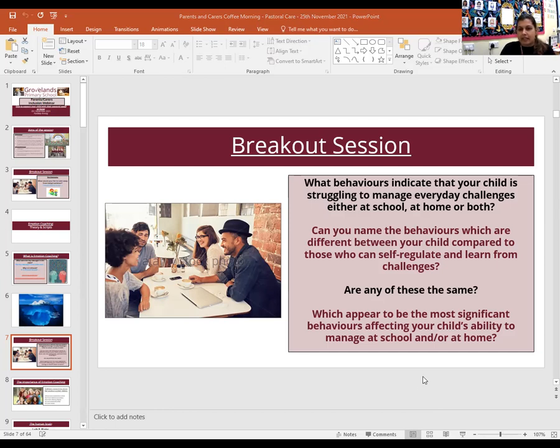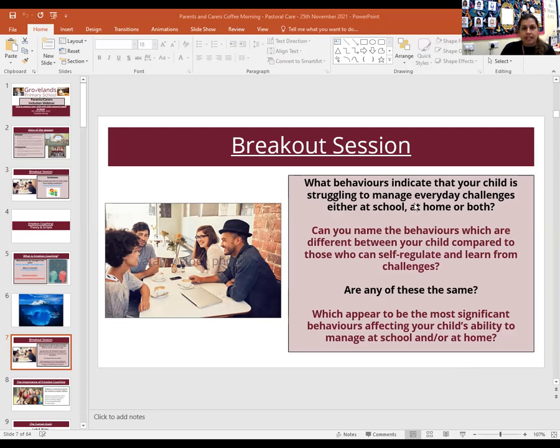But are there any behaviours that indicate that they're struggling? Can you name those behaviours? And I don't mean putting a label on something, because that's something we don't want to do, but name whether that is an emotion, whether that's anger, frustration, whatever that might be. And which appear to be the most significant behaviours affecting your child's ability to manage at school and at home.